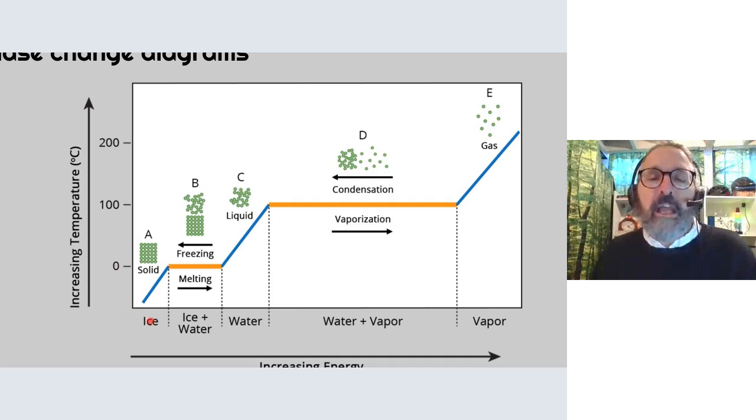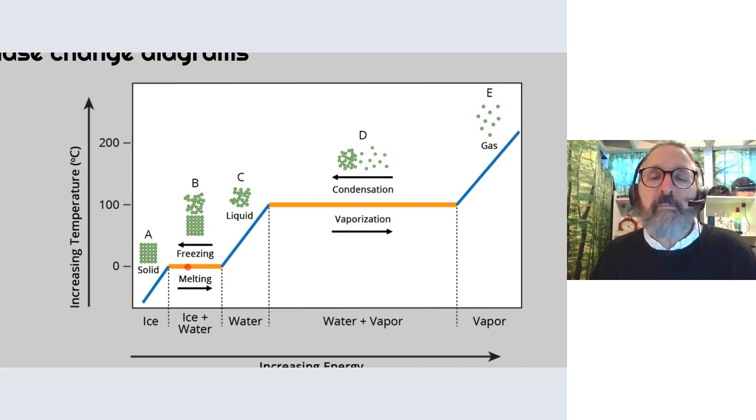All right, so at below 0 to about 0 degrees, it's all solid. At this point, we're adding increasing energy, and we are starting to melt that solid. So it's partially solid, partially liquid.